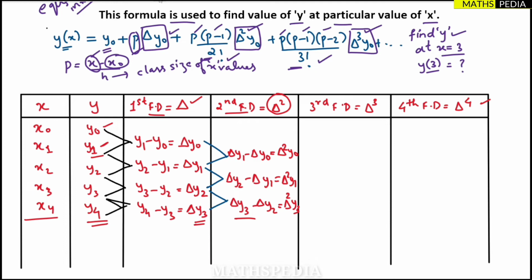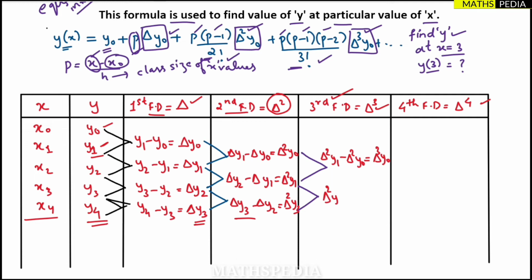Okay, next we have the third forward difference, delta cube. In this also you have to do the same thing, find the forward difference. So that will be delta square y1, the lower one, minus delta square y0 is equal to delta cube y0. Whenever you write the first value, you can observe that, I'll tell you at last.